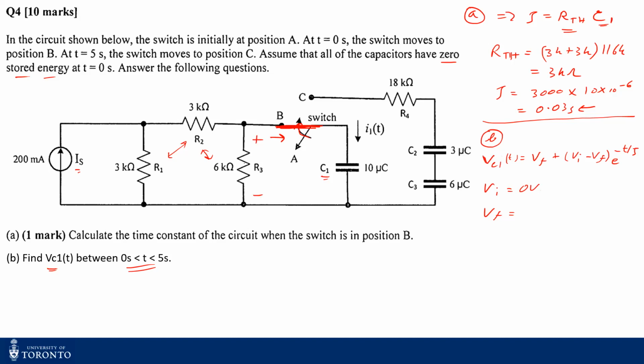Now you can find the voltage across R3 because your IS is just splitting up into two branches, so you can apply the current divider in this case.